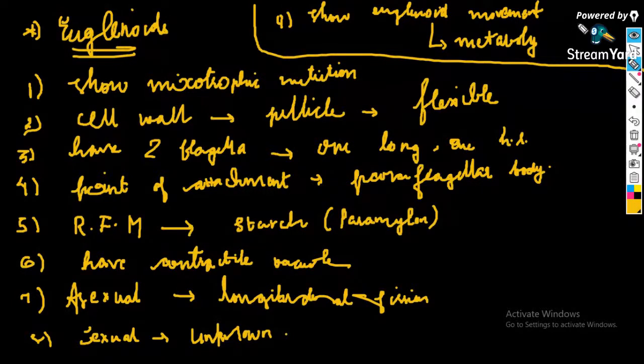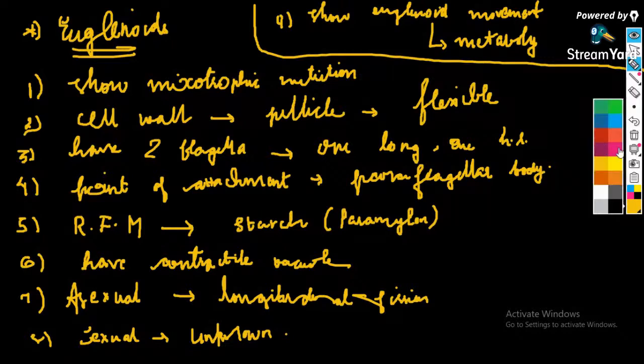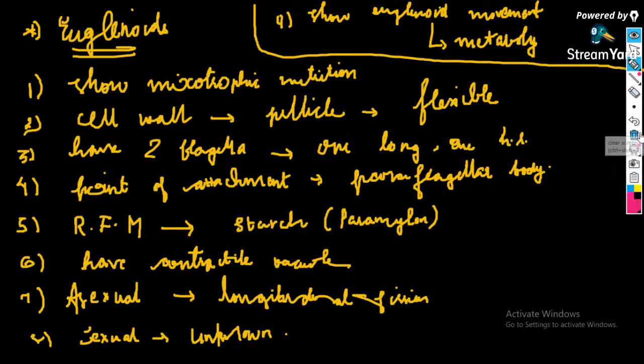Is that clear? That's all for euglenoids. Example is Euglena itself. Take a screenshot. Fast. Elsa, Shivani, Pratibha, someone please take a screenshot.